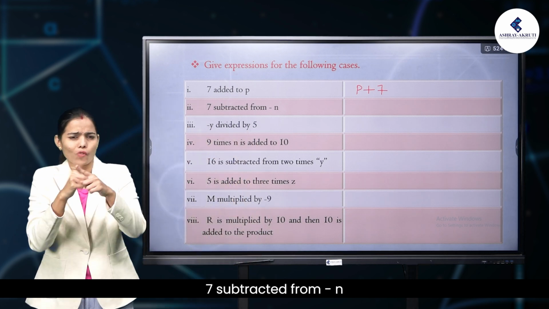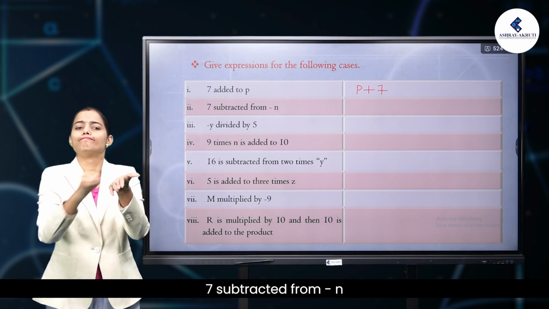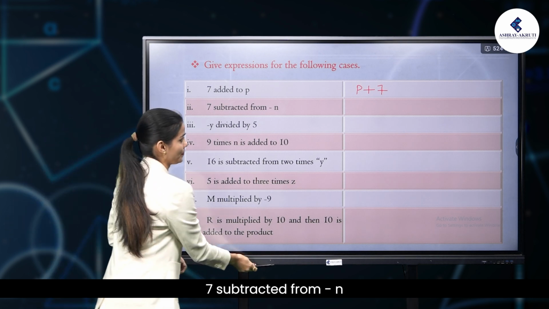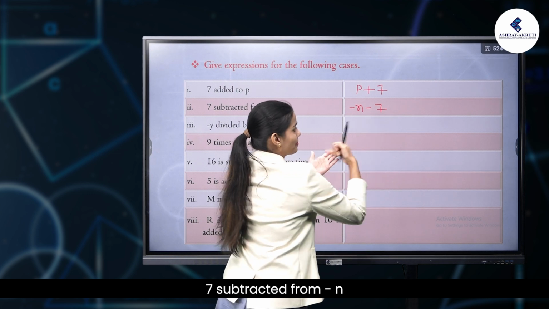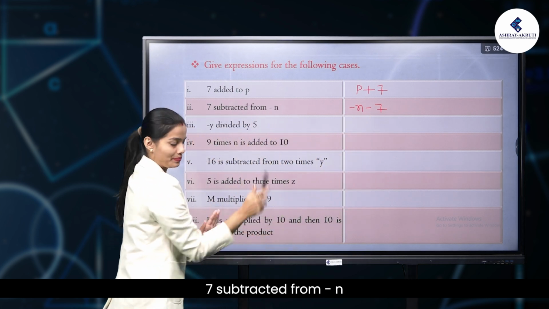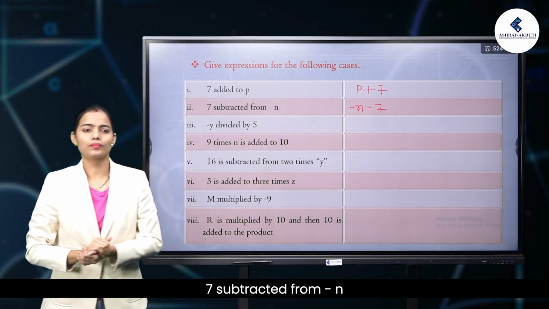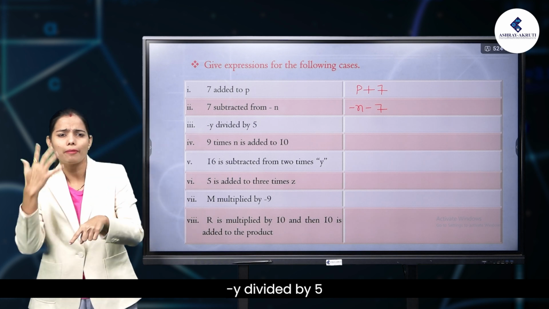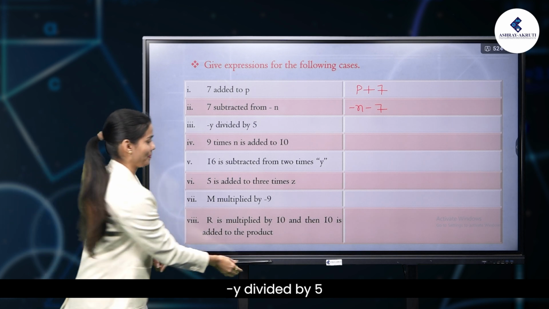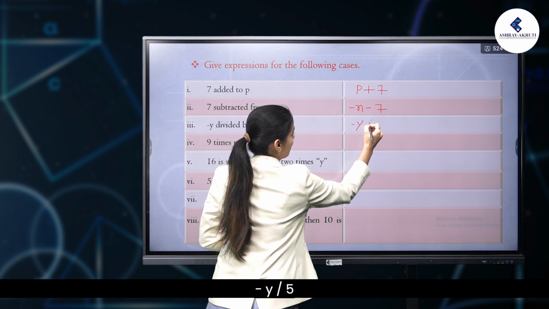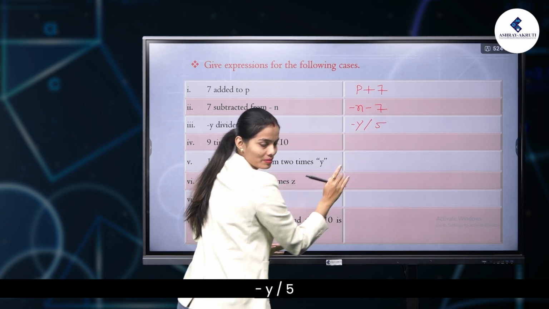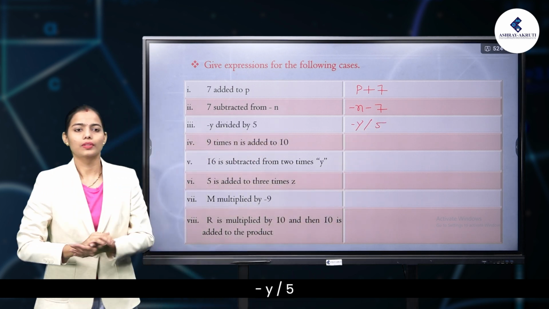Seven subtracted from n. n minus 7. y divided by 5. y by 5.